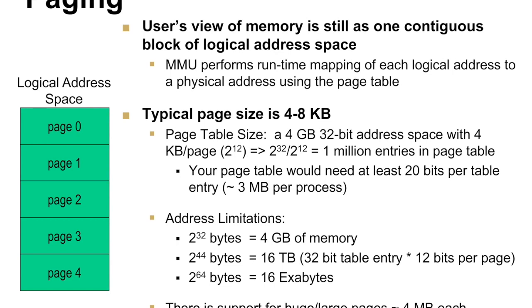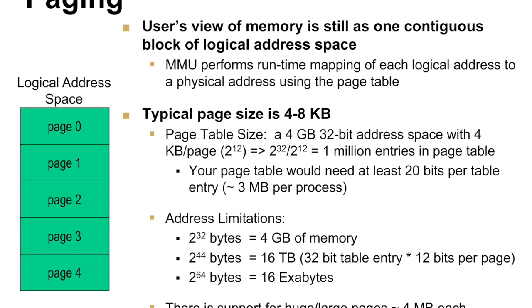There's also support for very, very large frames. So we could end up with each frame being 4 megabytes. And that way we don't have to store a whole bunch of bits to look up where that data is in real memory.